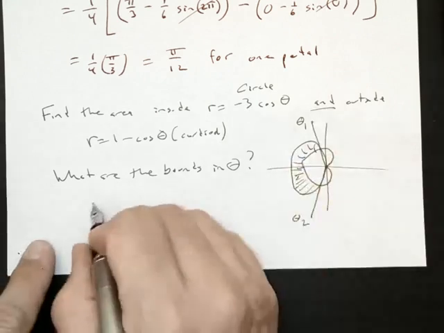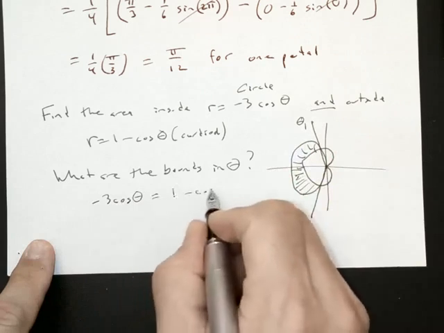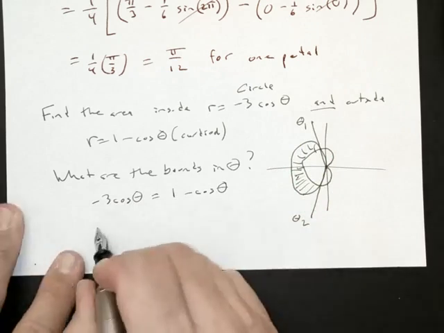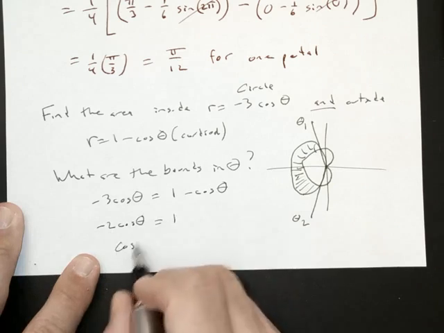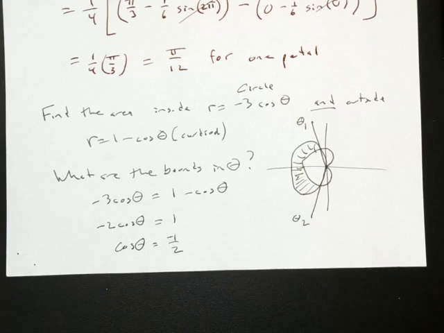That's where the radii are the same. All right, so I move this over here. I get -2 cosine theta equals 1, or cosine theta is -1/2. Ladies and gentlemen, I'm back to my unit circle. Where is the cosine of theta equal to -1/2?